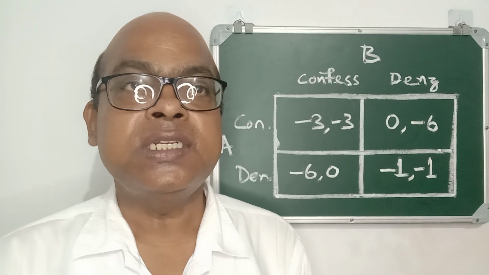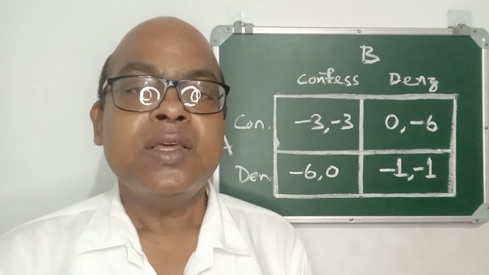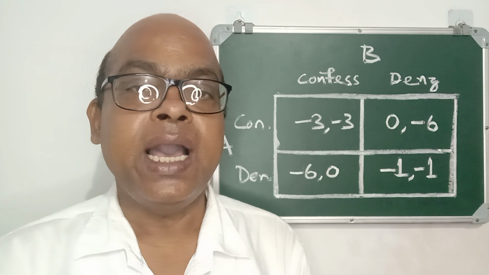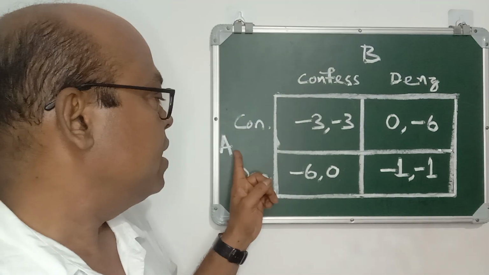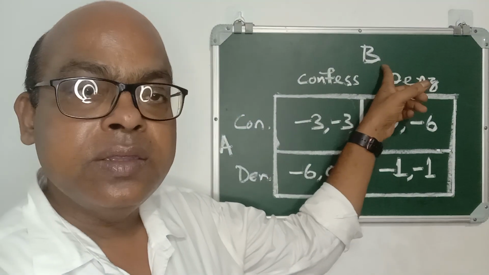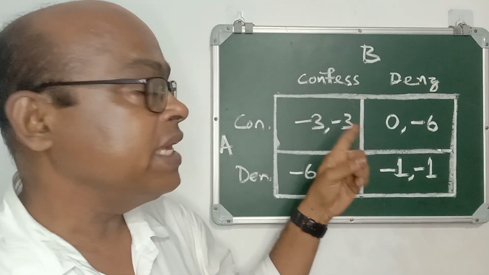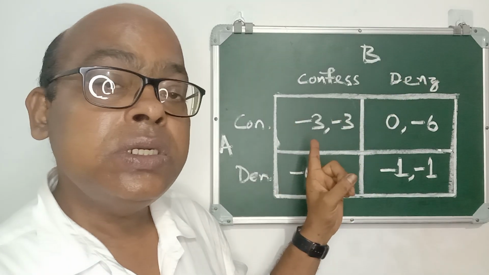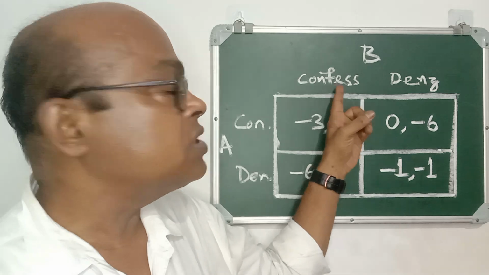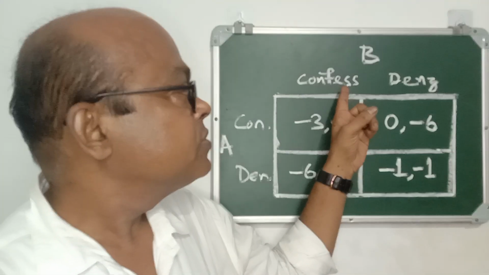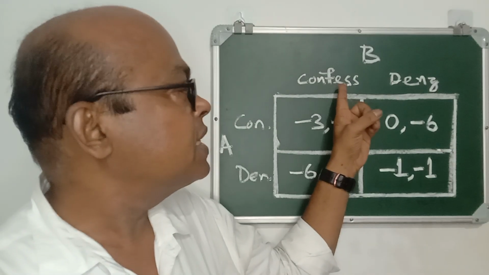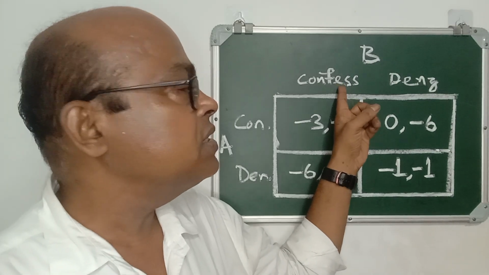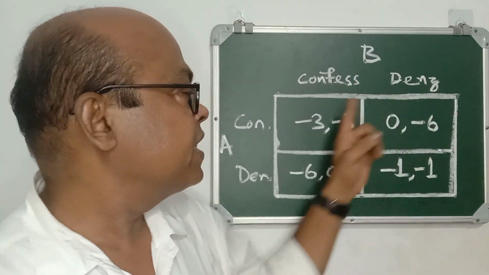Now come to the prisoner's dilemma. There are two prisoners, A and B. Each has two strategies: confess the crime or deny the crime.